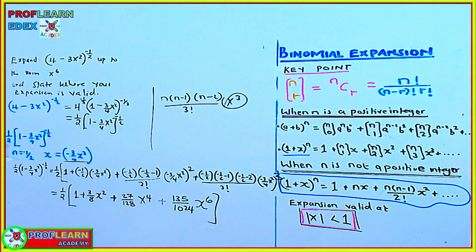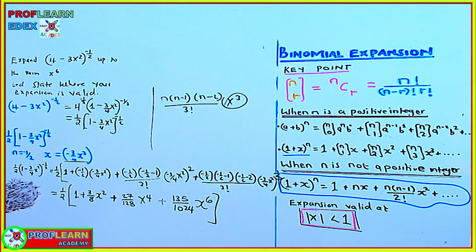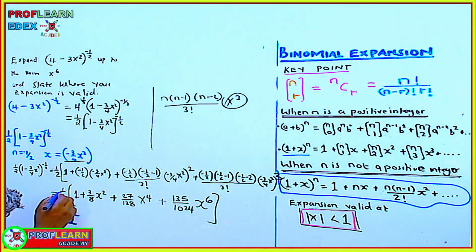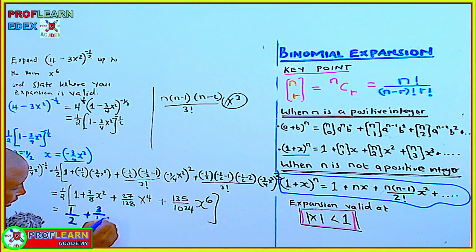Of course, this is not going to be our answer in this case, because we're going to multiply by a half. This one now is going to reduce to what? This one reduces to the first term. It will be a half times 1 to be 1 over 2. This one is going to be plus 3 over 16 x squared.